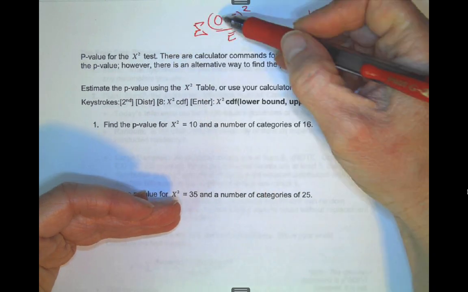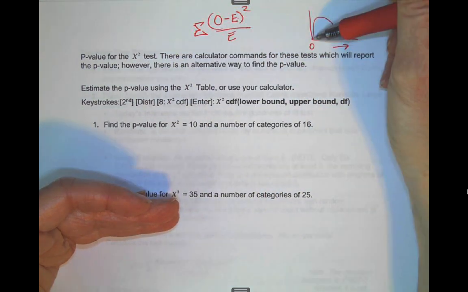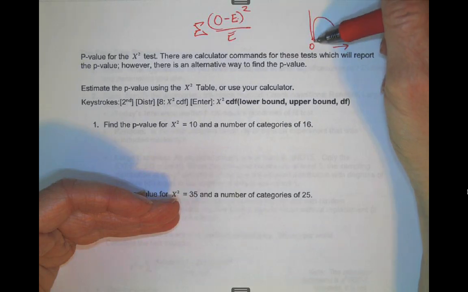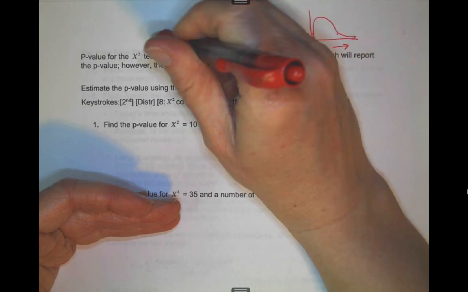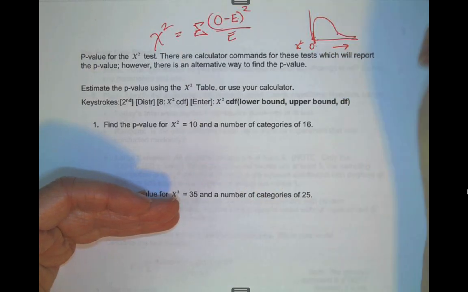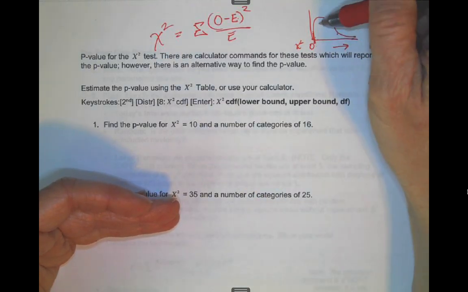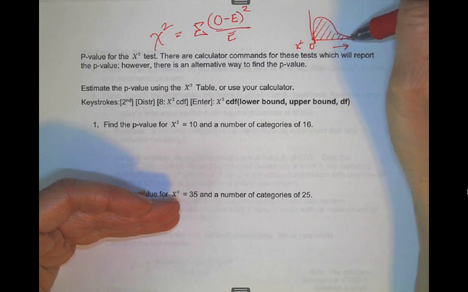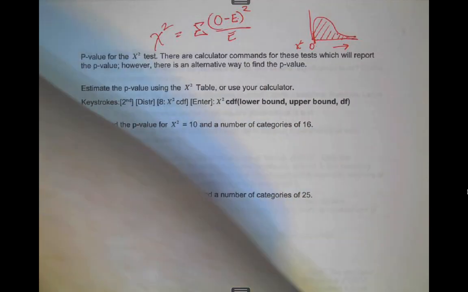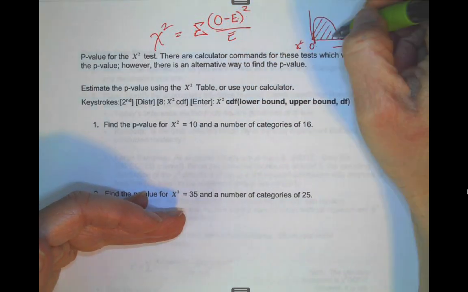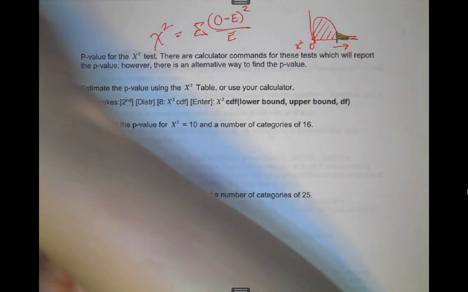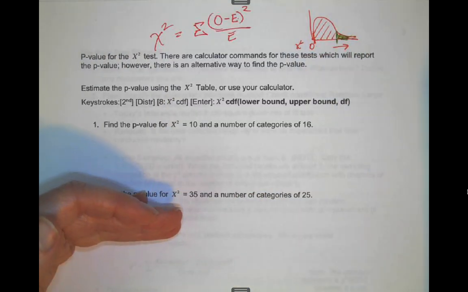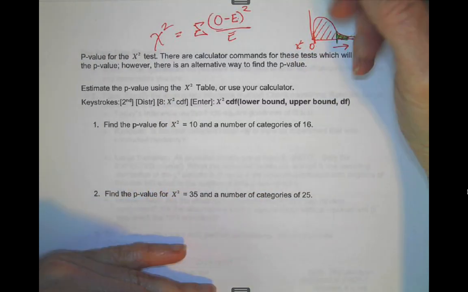If the observed and expected are exactly the same, that chi-squared value is going to be close to 0. So when we find the p-value, we're always finding the area in the right tail. If these values start to get further apart, we'll see that chi-squared value out here, so the p-value is going to get smaller, making us more likely to reject our null.